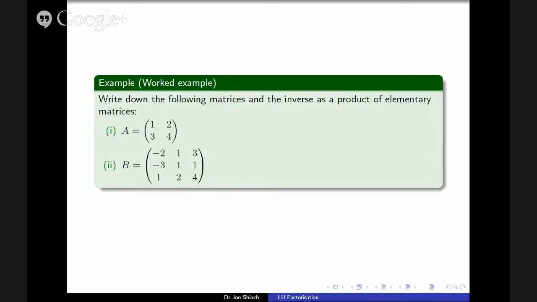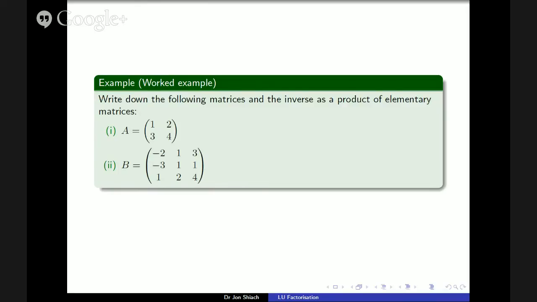Okay, to calculate A inverse, what I do is I look at the last thing that I did to my matrix. What was the last operation I did? Well, that was M2(minus a half). What was the next one to last? Well, that was A12(plus 1).